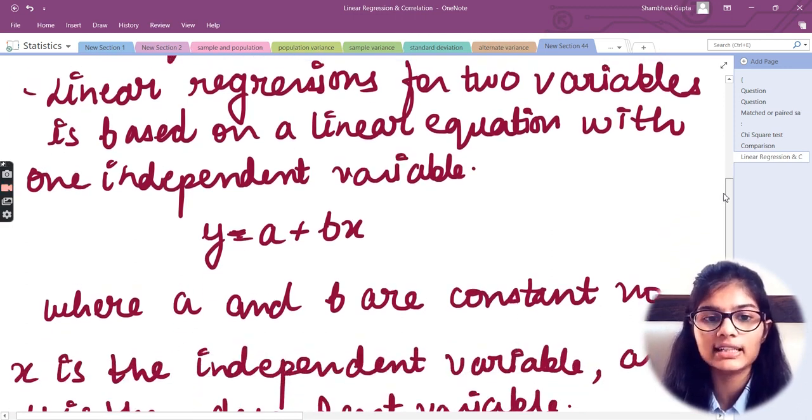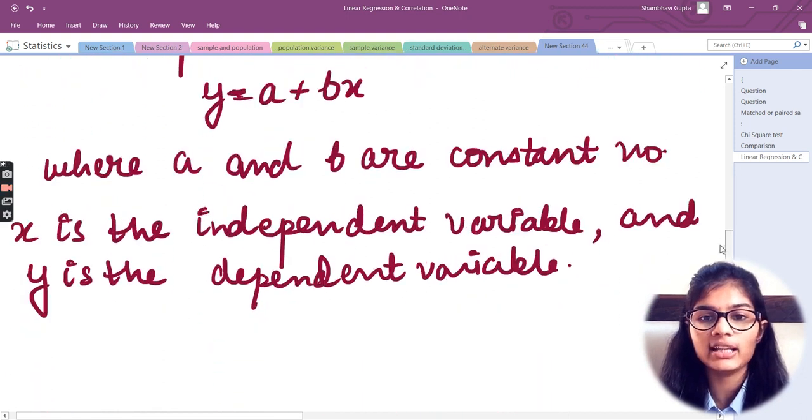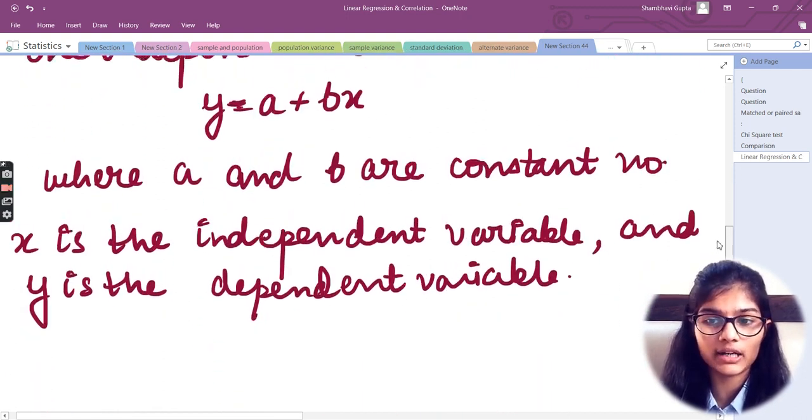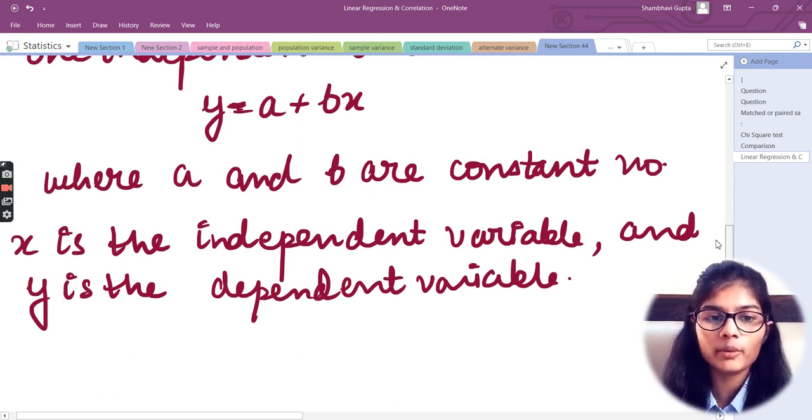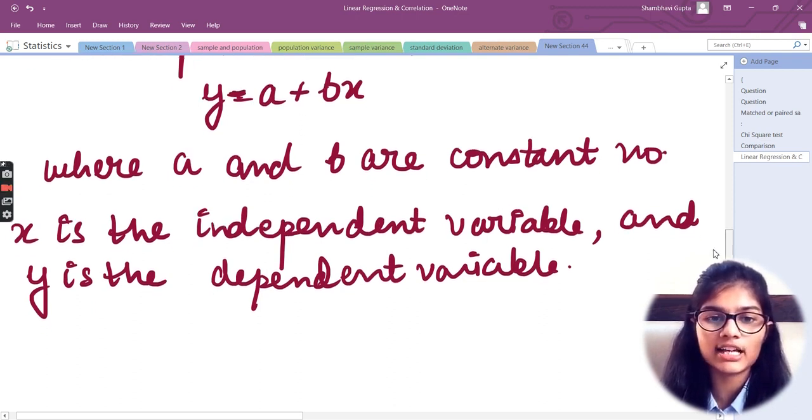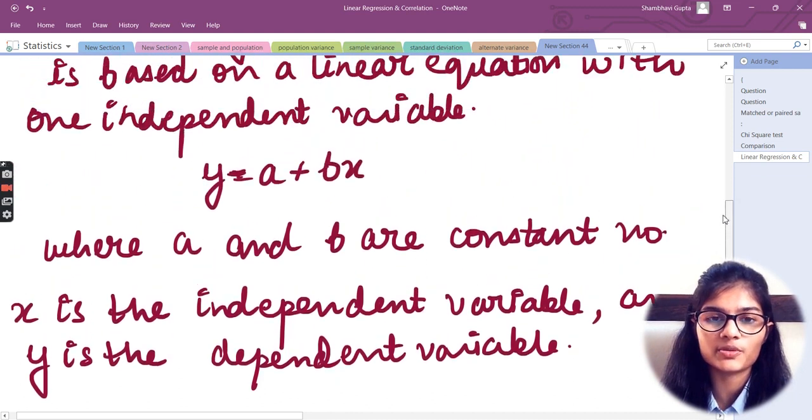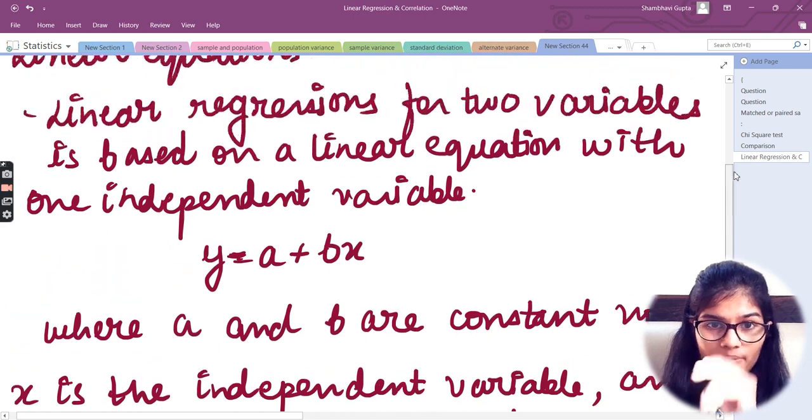Y is equal to a plus bx, where a and b are constant numbers. What about x? x is the independent variable and y is the dependent variable. It completely depends on you which variable you set as dependent and which as independent. You choose a value to substitute for the independent variable and then solve for the dependent variable, okay. I hope this is clear to you as well, right?